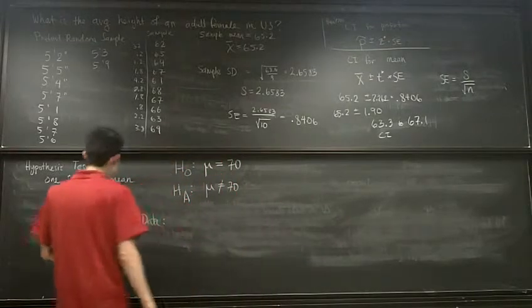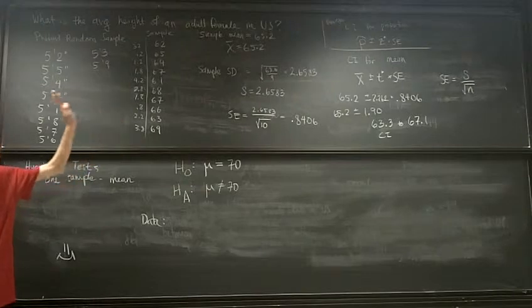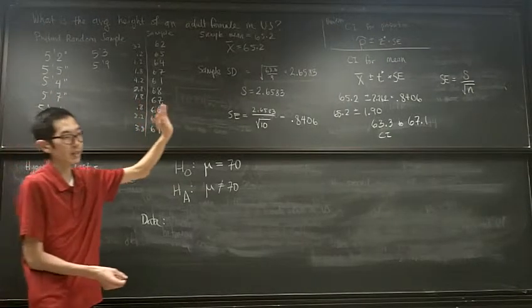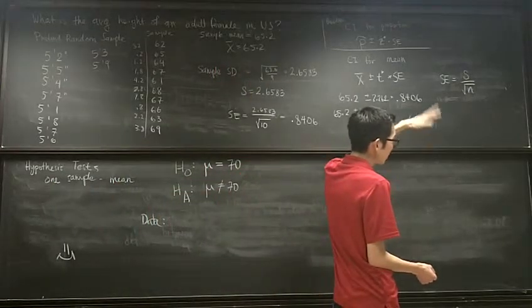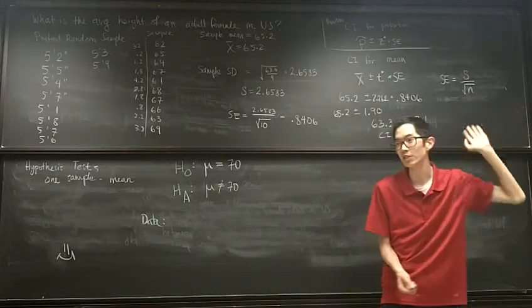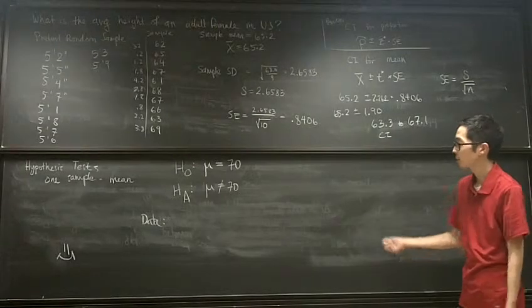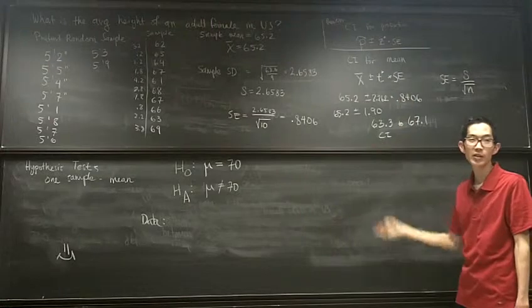Let's say we want to do a hypothesis test. Someone says the average height of women in the United States is 70 inches, 5'10". Well, we gathered a random sample of 10 women, and we got an x bar and an s.